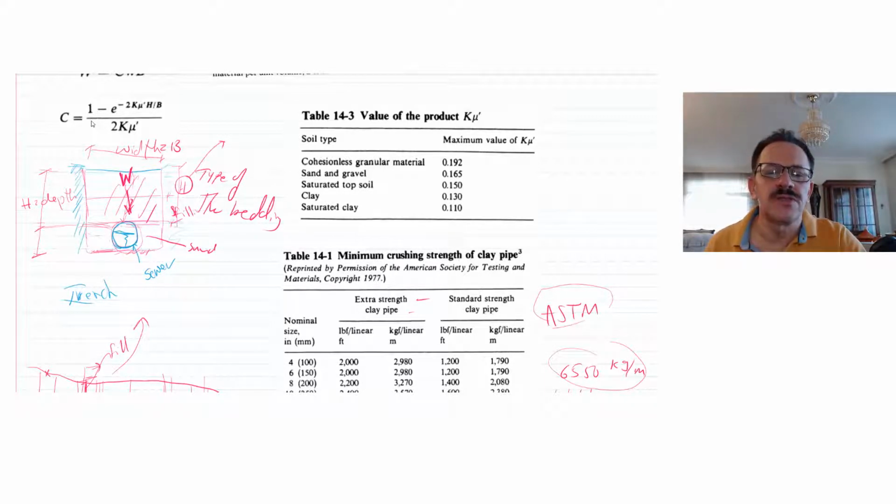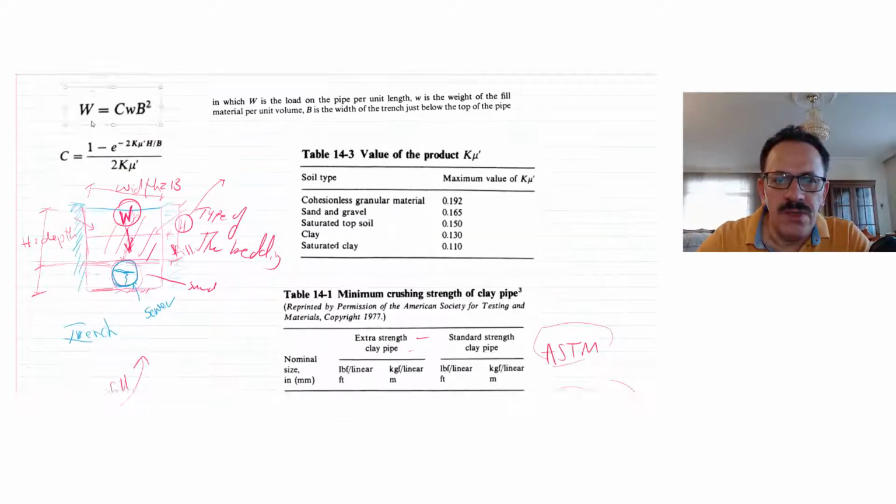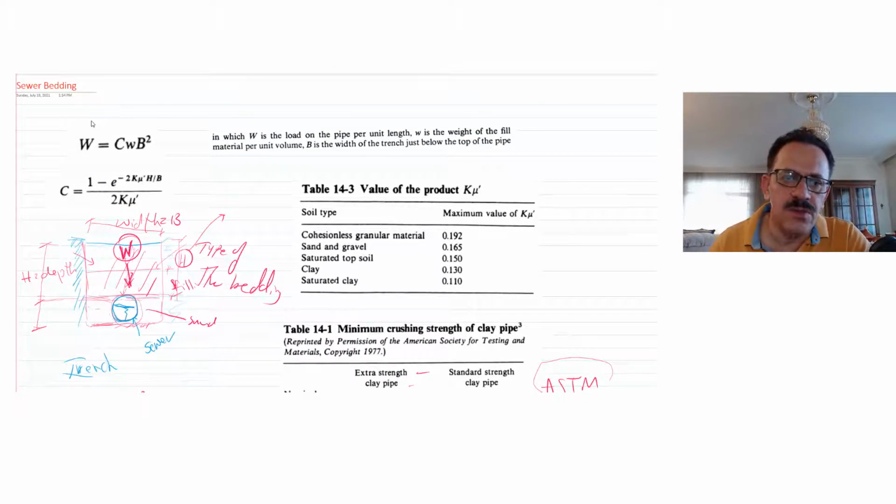And by the way, it's not just the filling, it will be the filling and also lateral pressure that can cause a kind of effect on this load. So for this load, we will just use this equation. The W is the load that we have upon the sewer.